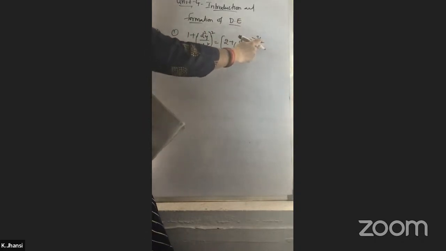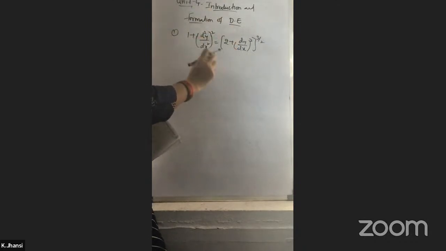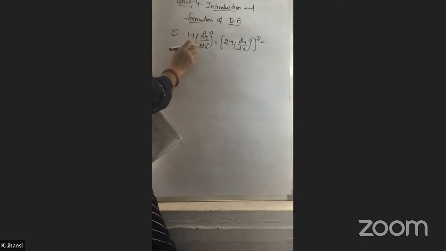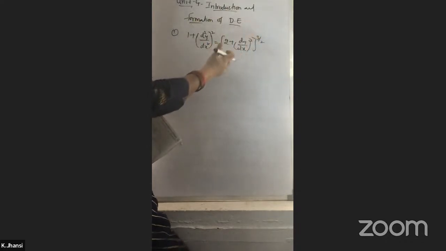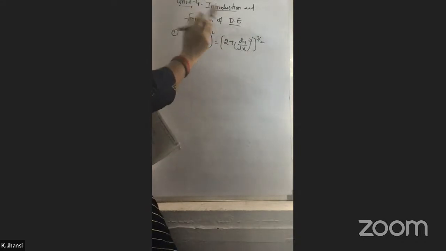So here, whenever a fraction is there, the first thing is we have to cancel out the fraction and convert it into simple form. If you see the highest order, here you can see the order is 2. Here first order and this is the second order. You will get the same order even if you do any simplification. Order will not change, only the degree will change.